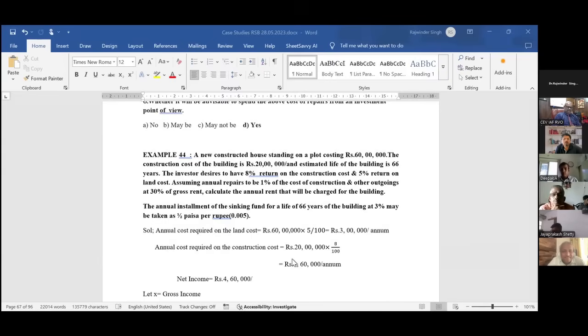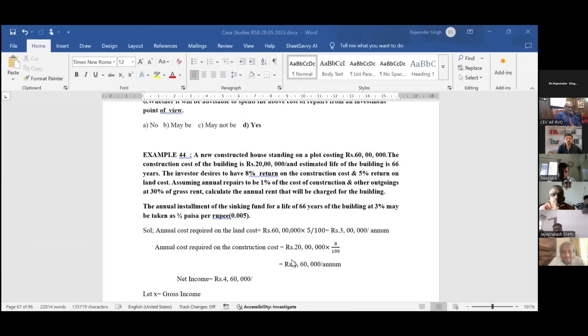Another question. A newly constructed house standing on a plot costing 60 lakh. The construction cost of the building is 20 lakh and the estimated life of the building is 66 years. The investor desires to have 8% return on the construction cost and 5% return on the land cost, assuming the annual repairs to be 1% of the cost of construction and other outgoings at 30% of gross rent.